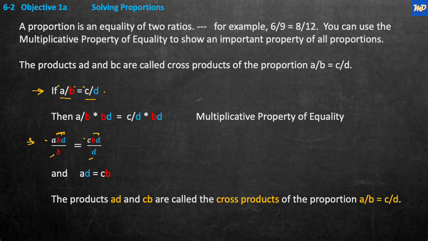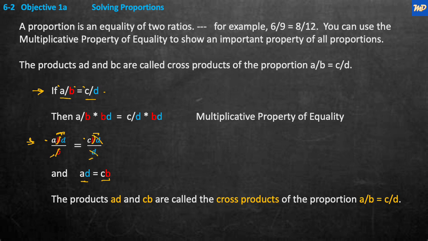Okay? And when we do that, you're going to see that the B's cancel. This B here cancels this B. This D here, rather, gets canceled by this D. And we end up with AD and CB.